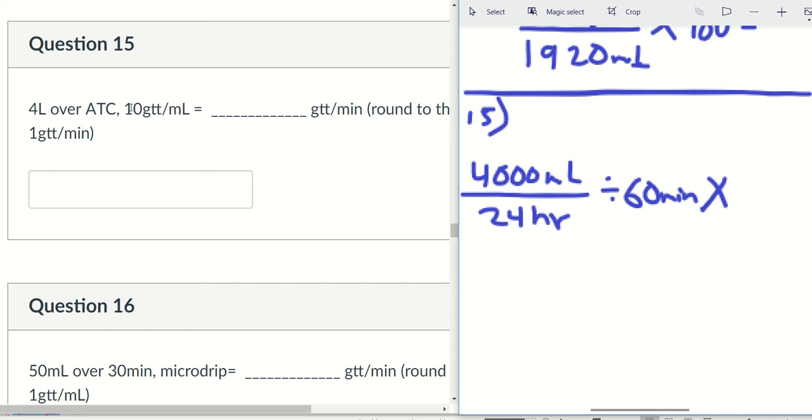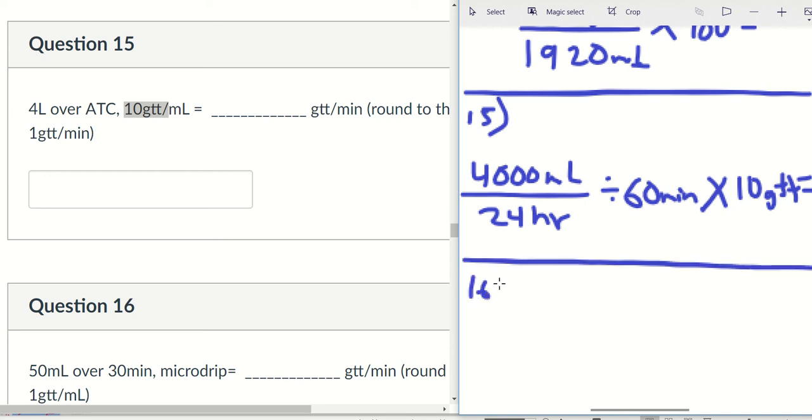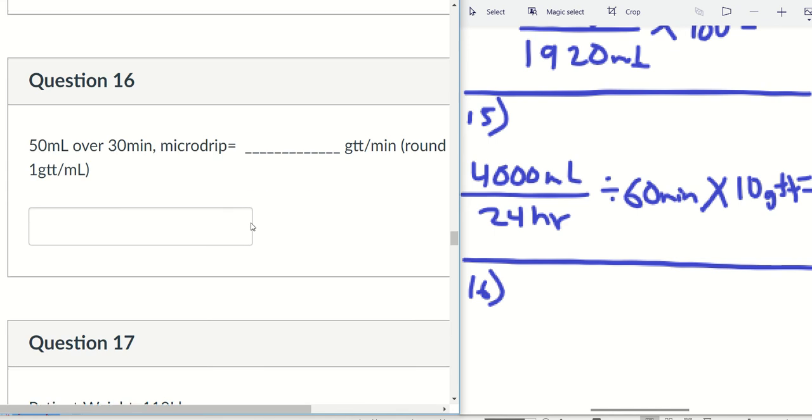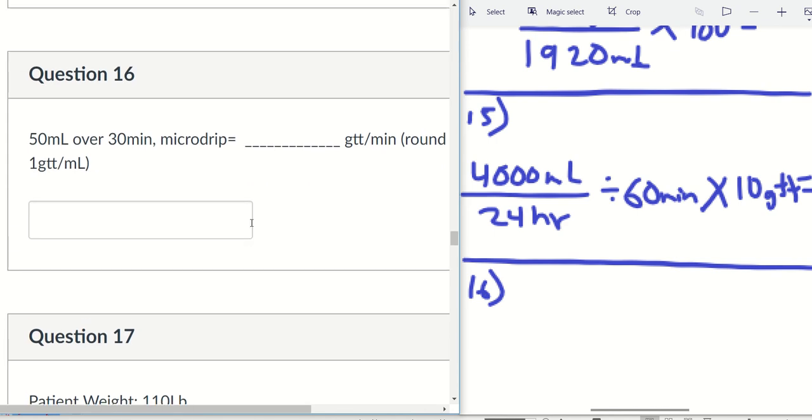In this case, we are using 10 GTTs. You're done. So you got about 28. Yep, 4,000 divided by 24 divided by 60 times 10.